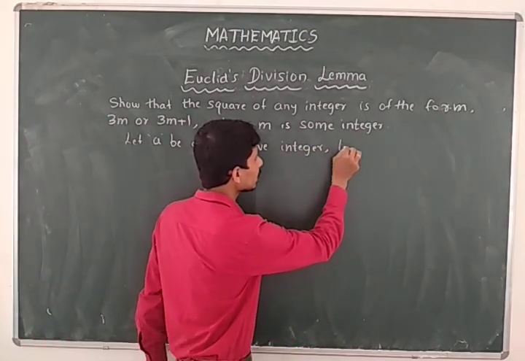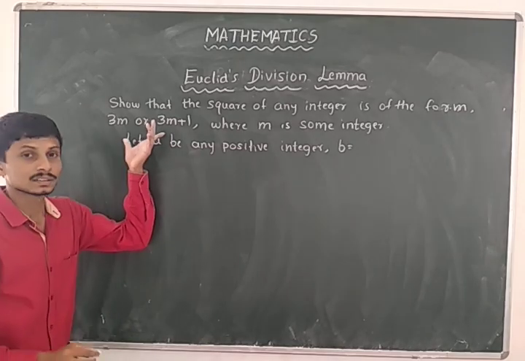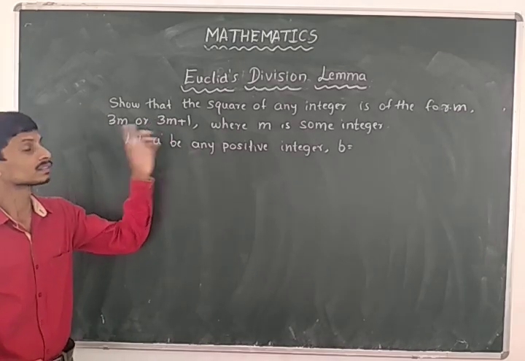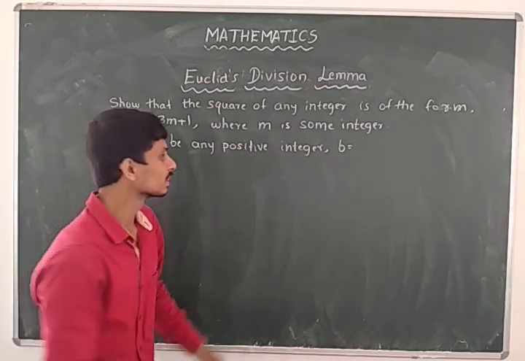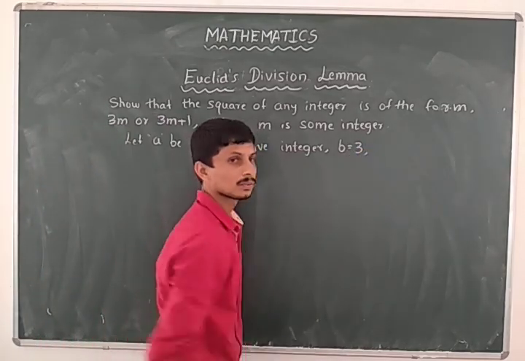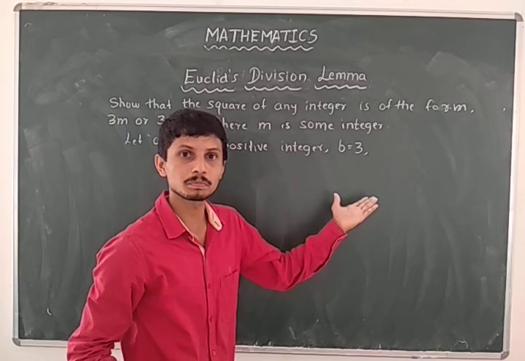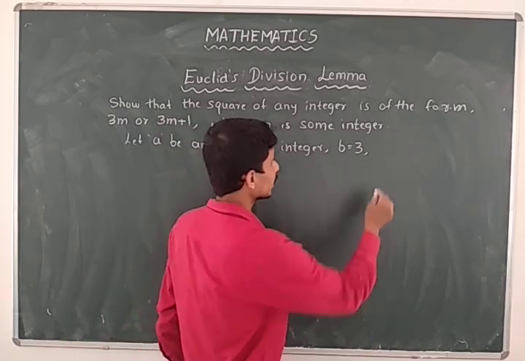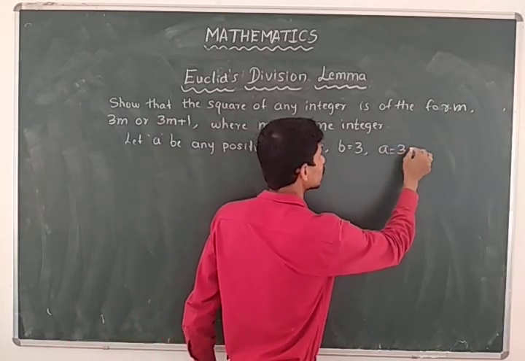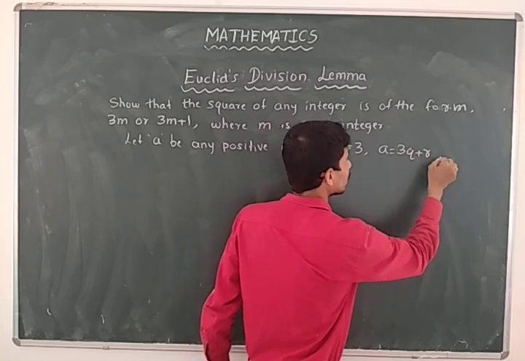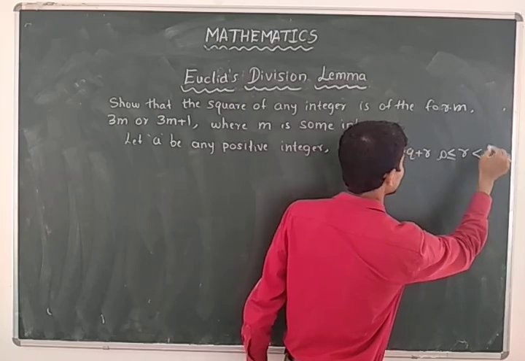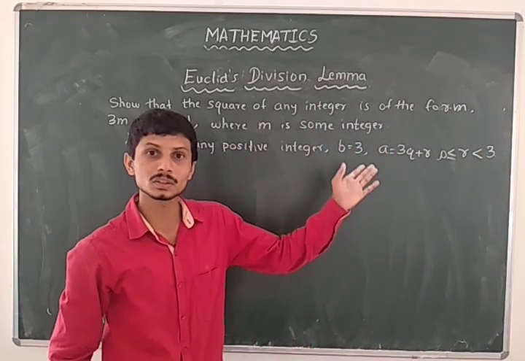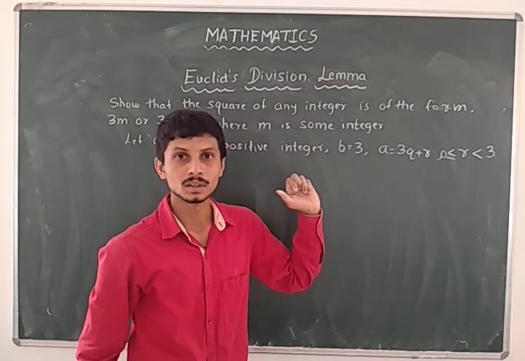So what happens to b? Here we consider 3 and 3, so we can take b is equal to 3. We insert b into Euclid's division lemma, that is a is equal to 3q plus r, where r is greater than or equal to 0 and less than 3, because b is equal to 3 here.